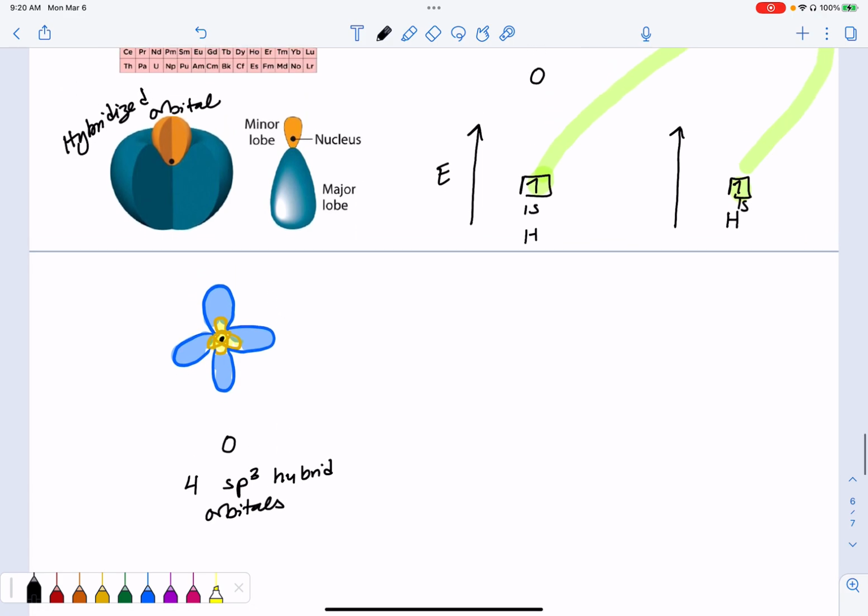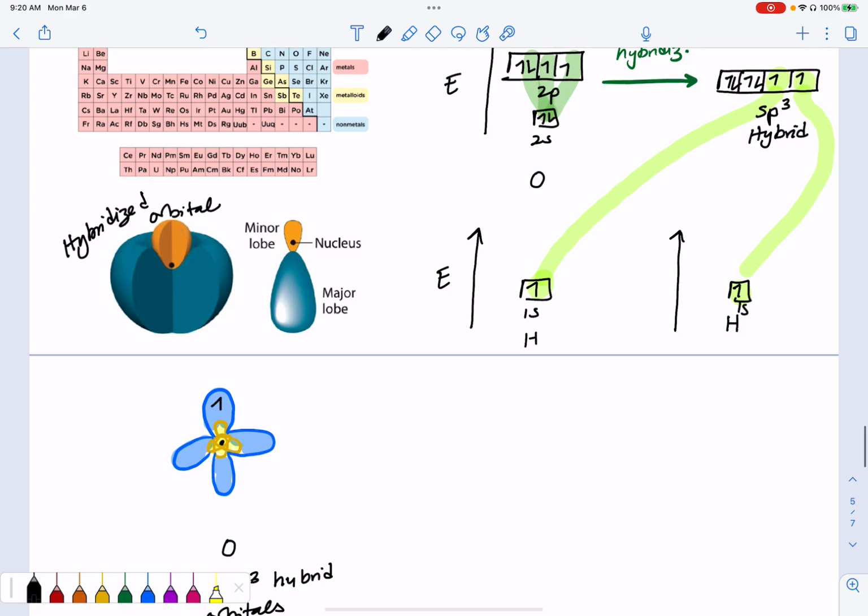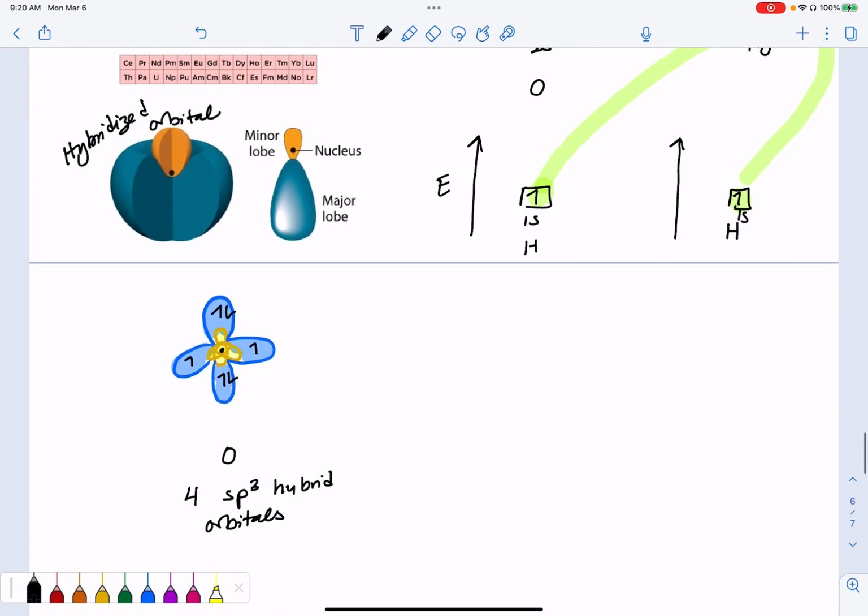And these are what are going to be able to come together and form our bonds with our hydrogen. So let's fill in our electrons. 1, 2, 3, 4, 5, 6. So this is my oxygen atom.